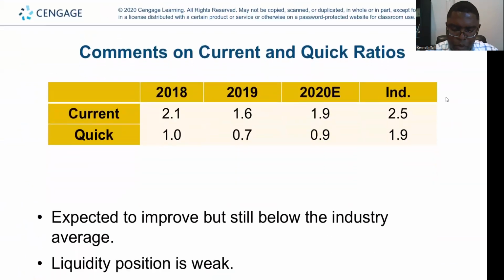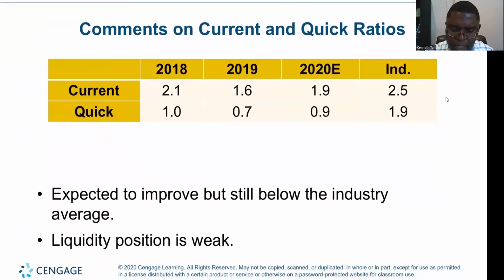All right, so we can look at this in time series and cross-sectional terms. There seems to be some improvement over the years, which means that in time series, the company is doing okay. The higher the liquidity ratio, the more able the company is to convert its current assets to satisfy its current liabilities.